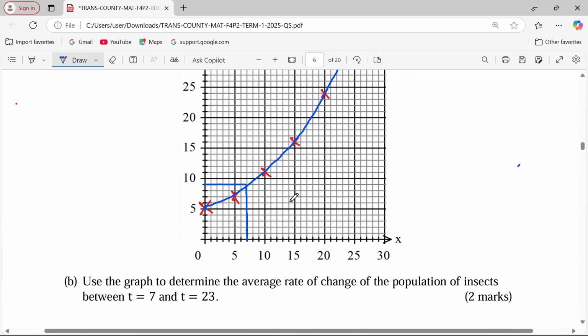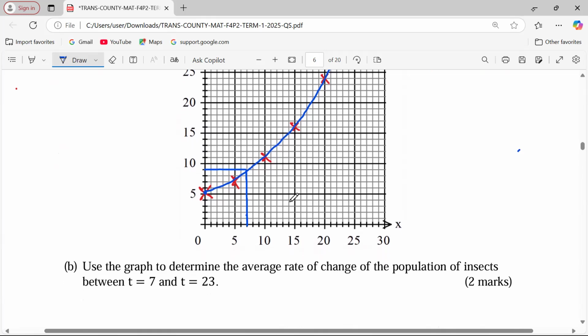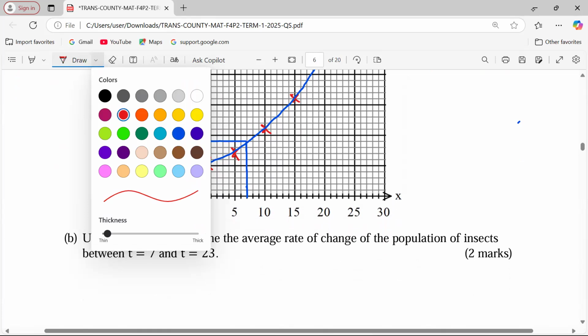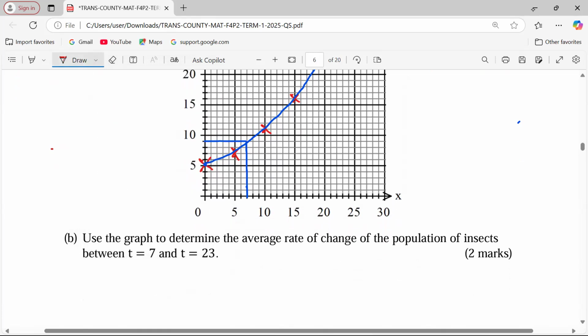So for the average change at that point, we will need the gradient. We are supposed to find the gradient at that point, and we get the coordinates of points along it. The gradient at that point will be the gradient of a tangent.